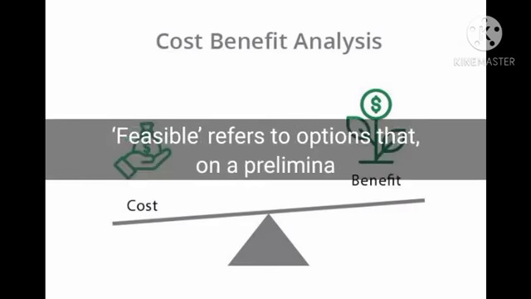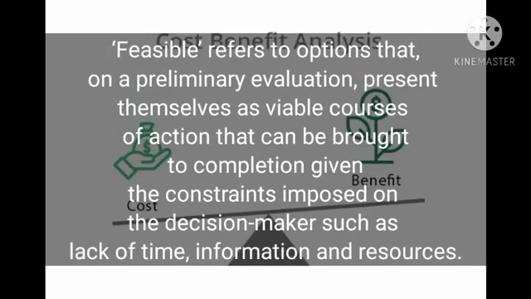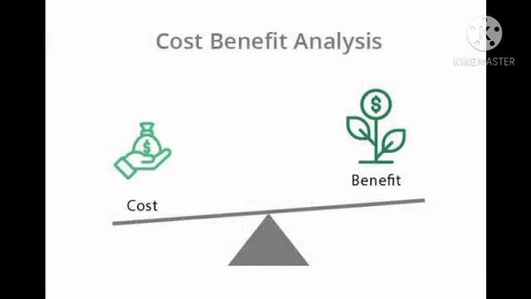The term feasible refers to options that, on a preliminary evaluation, present themselves as viable courses of action that can be brought to a conclusion given the constraints imposed on the decision makers, such as lack of time, information, and resources. So, there are many procedures for both identifying and defining options.